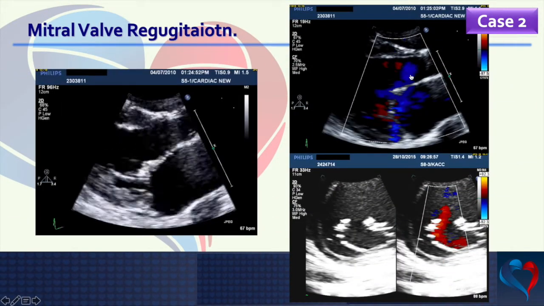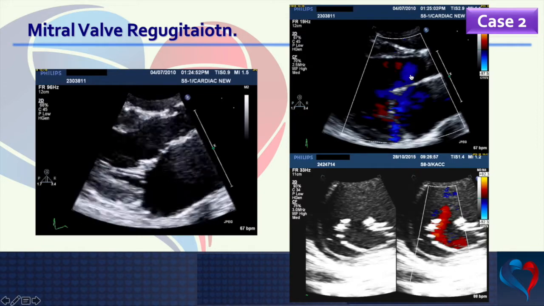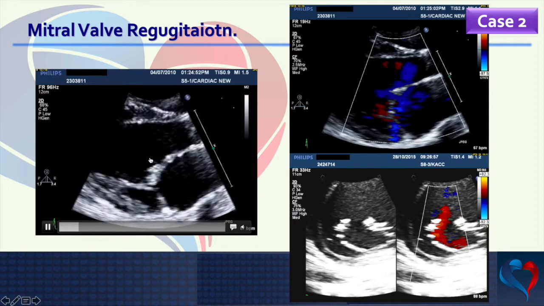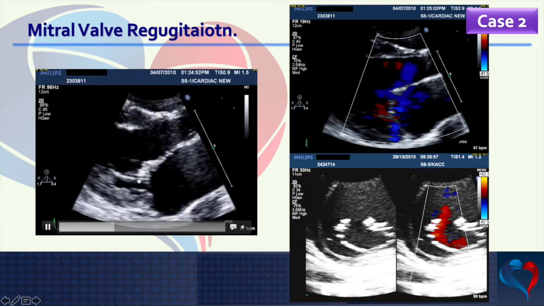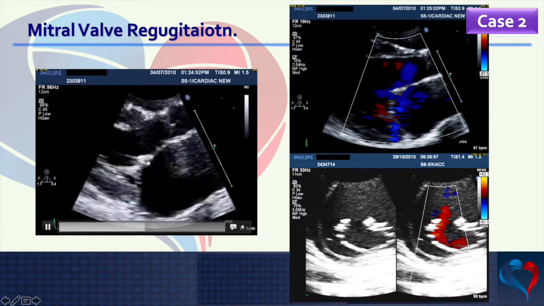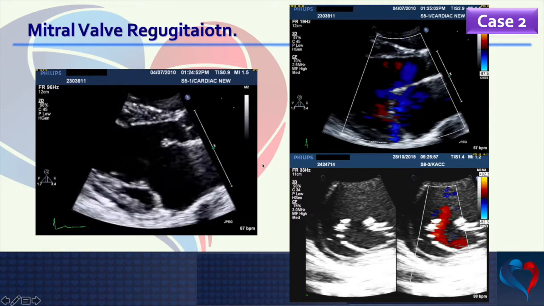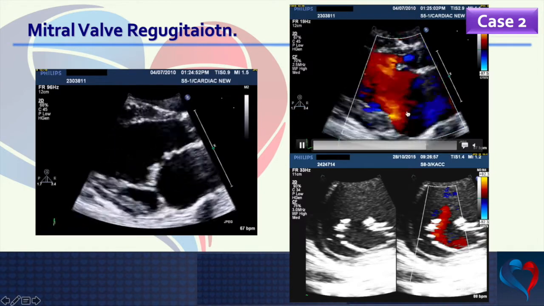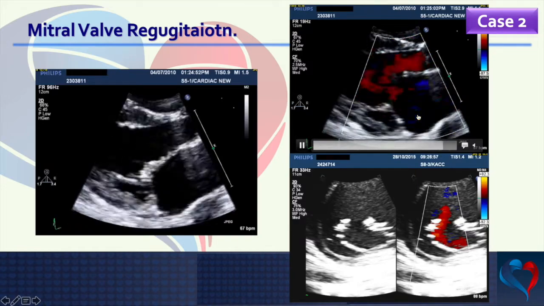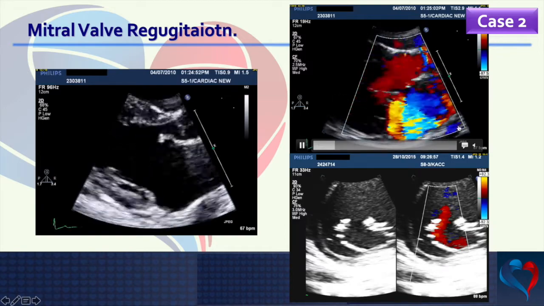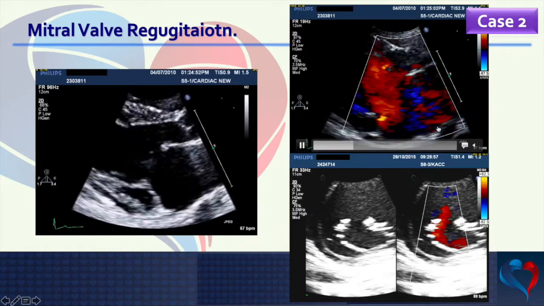This is another patient with mitral valve regurgitation. As you can see here, there is thickening of the anterior mitral valve leaflet, and we don't see where the chordae are attaching on this view. This is the color Doppler, showing that there is a significant posterior directed jet of mitral valve regurgitation.